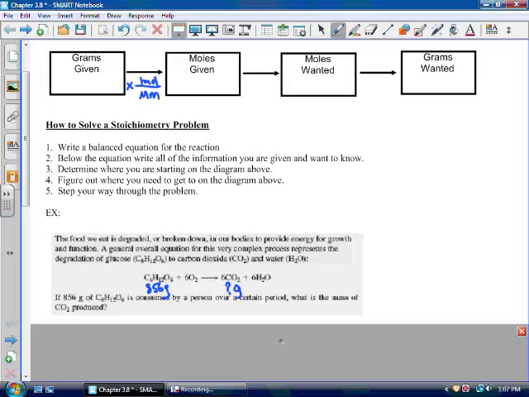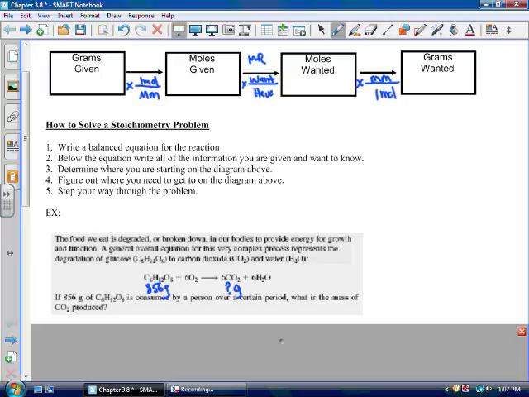Once you get to moles given, you multiply by the mole ratio, which is what you want over what you have, and we'll refer to that in a second. It's using the coefficients in the equation to give you a ratio of moles of one thing to moles of another in the reaction. Finally, to get to grams of your wanted substance, you multiply by the molar mass of your wanted substance over 1 mole.